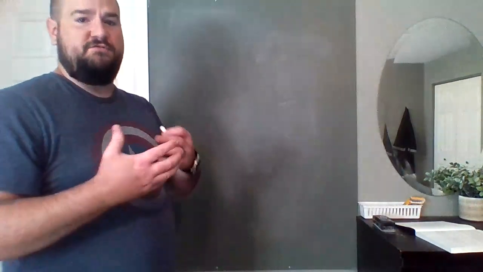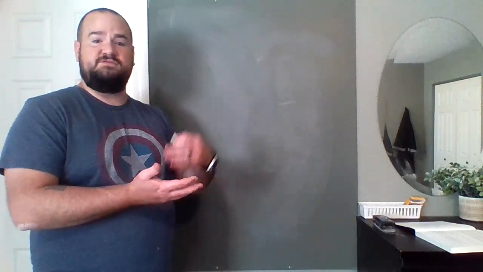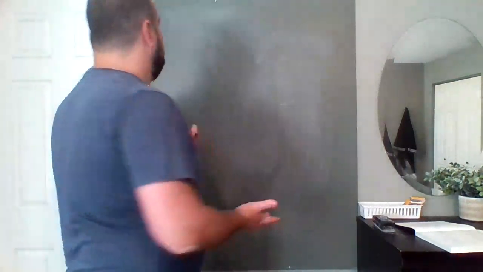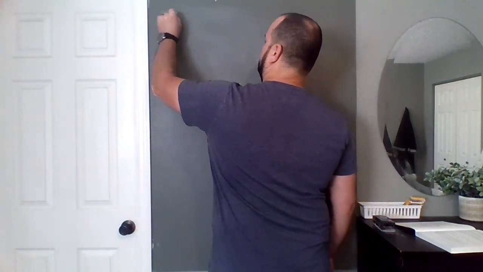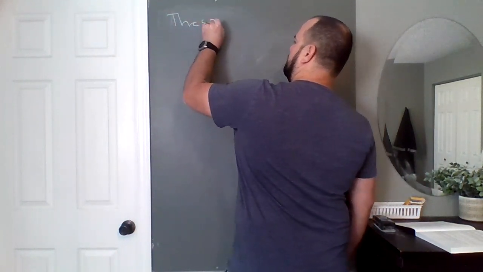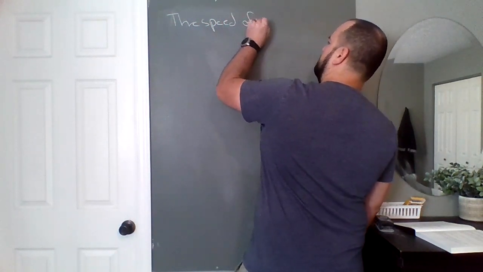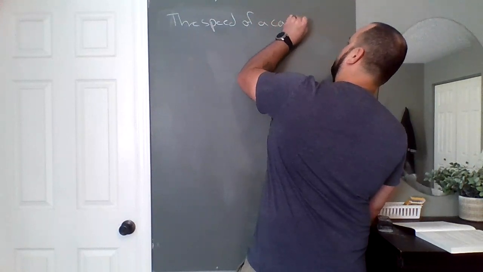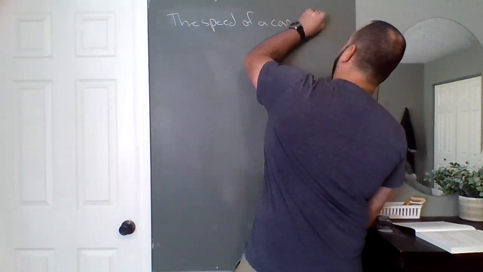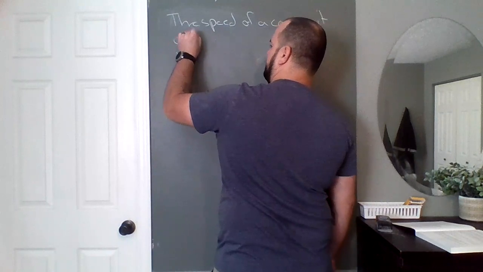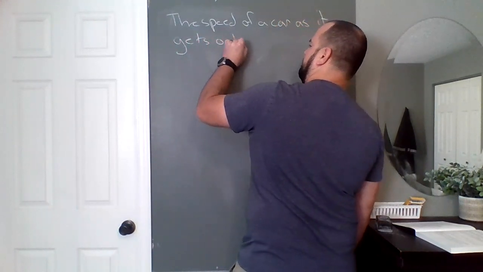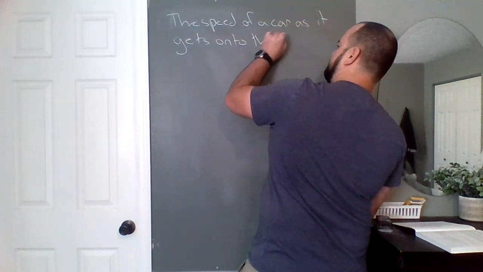We want to use appropriate variables, and we want to understand that variables aren't just these two letters, but they represent things. So let's continue with that example of getting onto your speed as you get onto the freeway. So we are modeling the speed of a car as it gets onto the freeway.